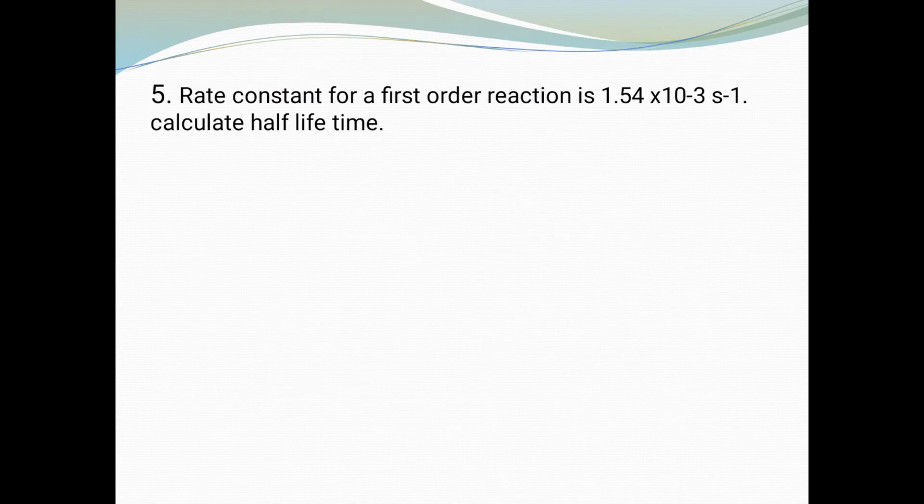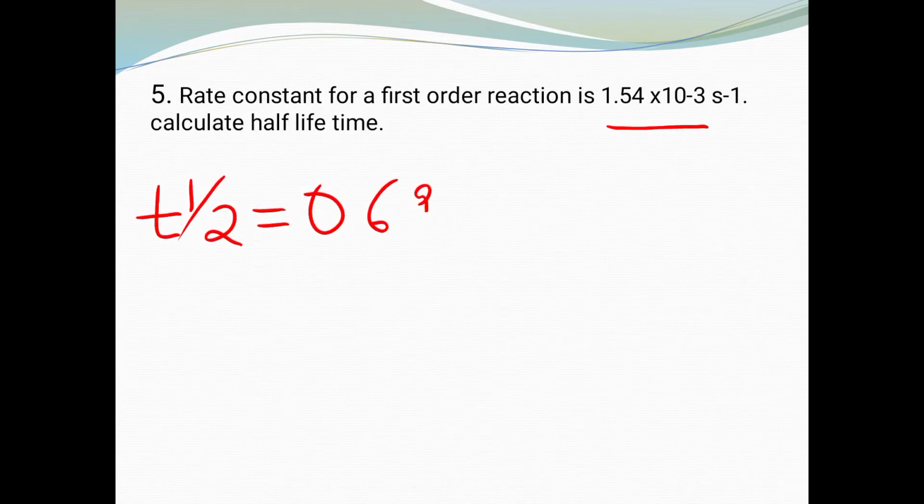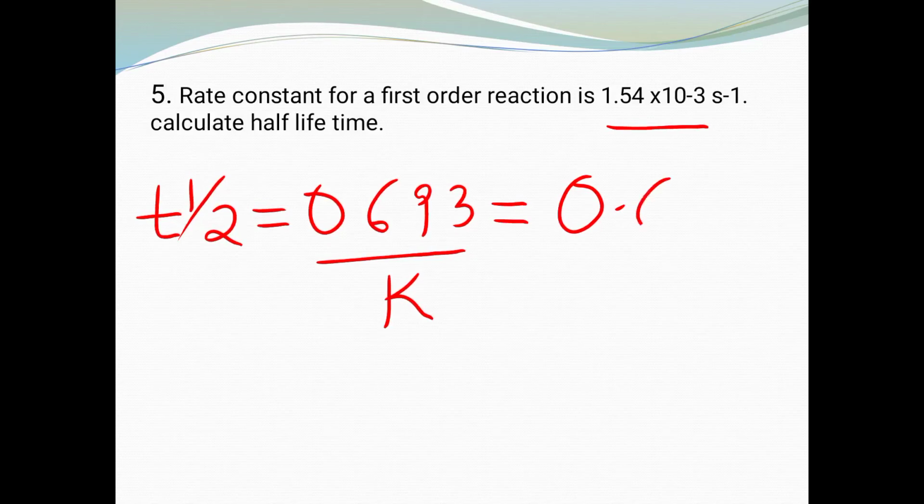Let's move to the fifth question. The rate constant for a first order reaction is this. You need to calculate half-life time. So your T half is equal to 0.693 divided by K. So if I want to calculate half-life time, it is 0.693 upon K. What is your K?